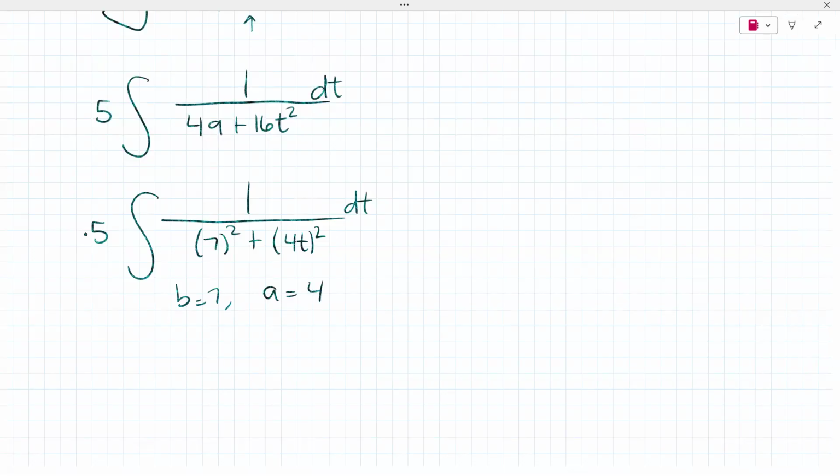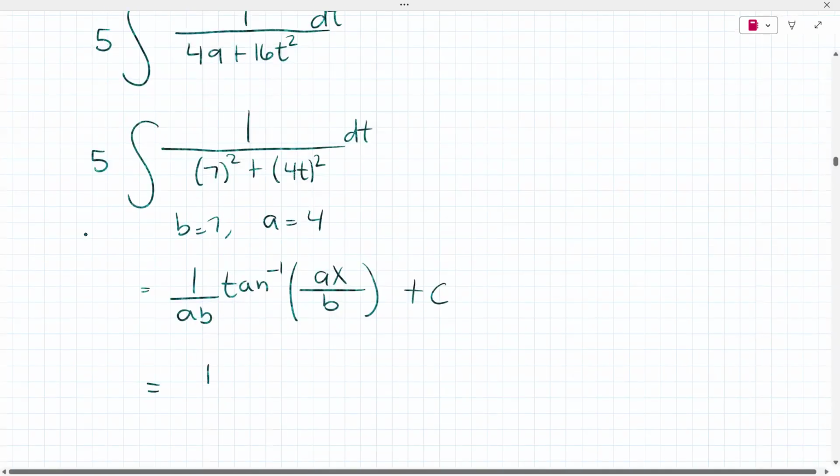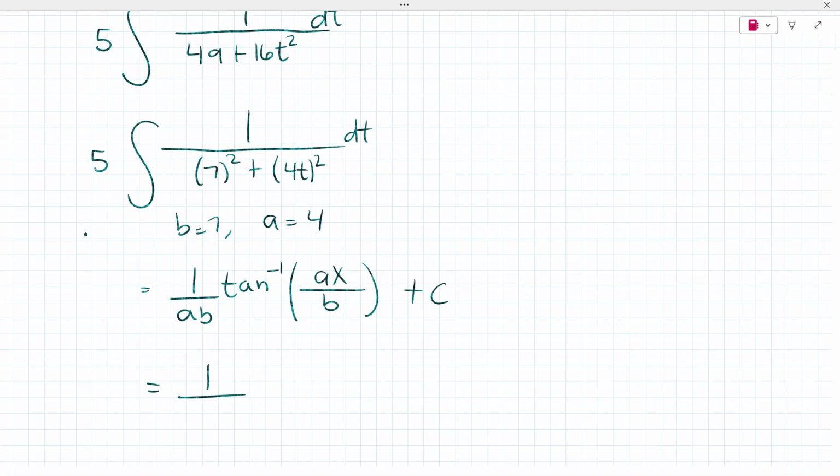So now we just put it in the formula: ab, a is 4, b is 7, it's 4 times 7 times tan inverse of 4x, because our a is 4 and our b is 7.